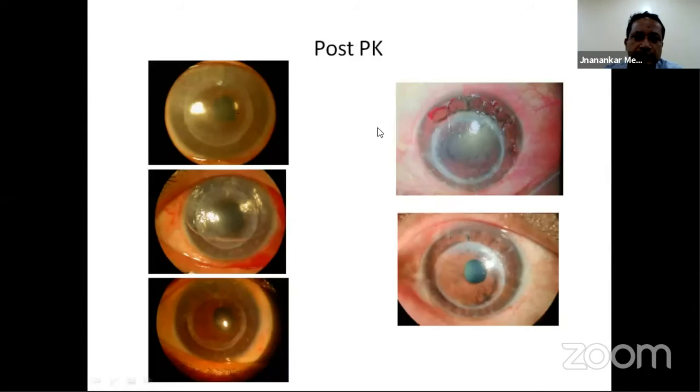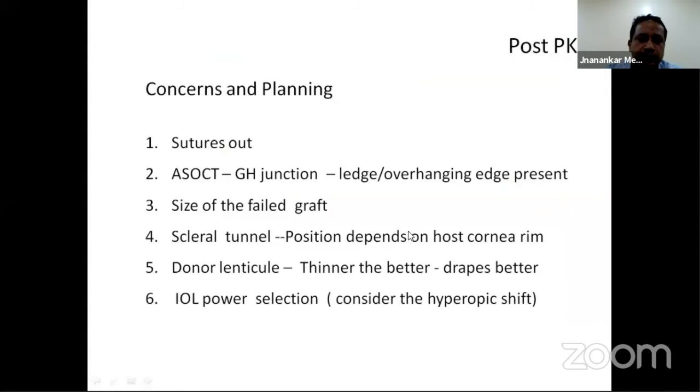Now, there are two post-PK cases which have turned out well. The point is there should be proper planning for your post-PK cases. The sutures should be out. You should do an ASOCT of the graft-host junction to find out if there is a ledge or overhang, and if possible, try to avoid it. You should find out the size of the failed graft so as to fashion your lenticule accordingly.